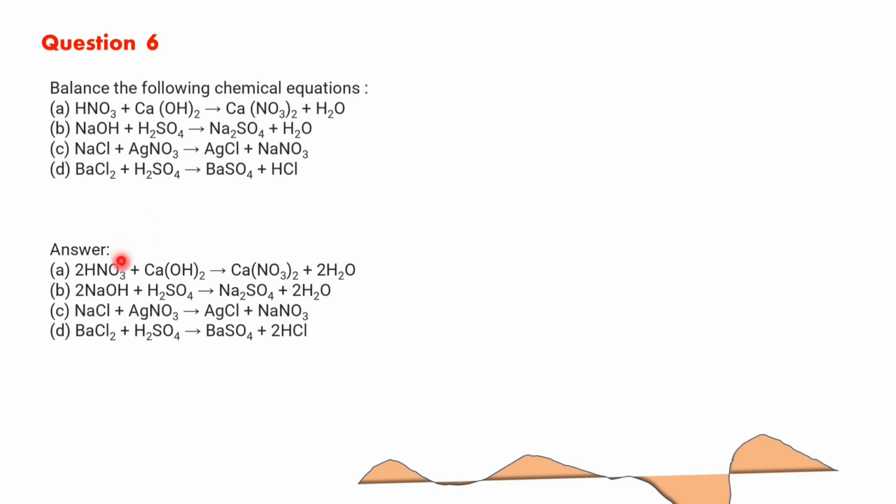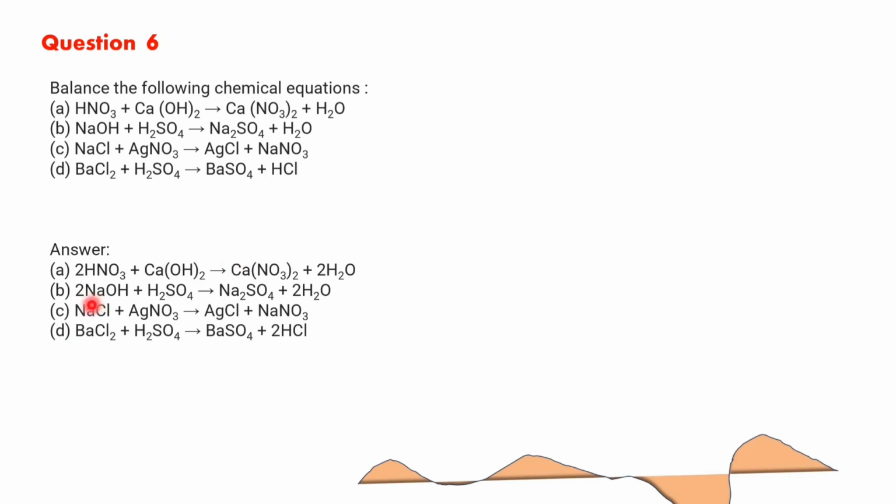So on both sides, the number of oxygen atoms is balanced, and hence on both the reactant side as well as the product side, the number of atoms is balanced. Then the only remaining element is calcium. Calcium has only 1 atom on the reactant side, and on the product side calcium also has only 1 atom. So on both sides calcium is also balanced.